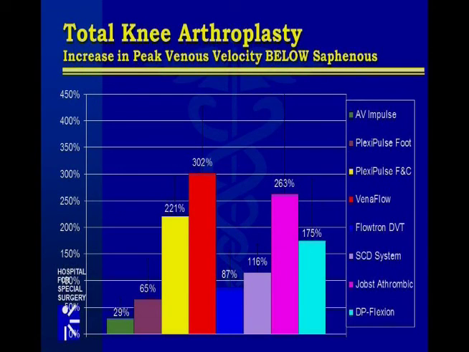Also, when patients are anesthetized postoperatively, when they have a regional anesthesia that's still working in the recovery room, they're unable to actively dorsiflex and plantar flex their foot. But you could see from this study that the newest technology, impulse pneumatic compression with the VenaFlow, had the greatest increase in peak venous velocity of over 300%.